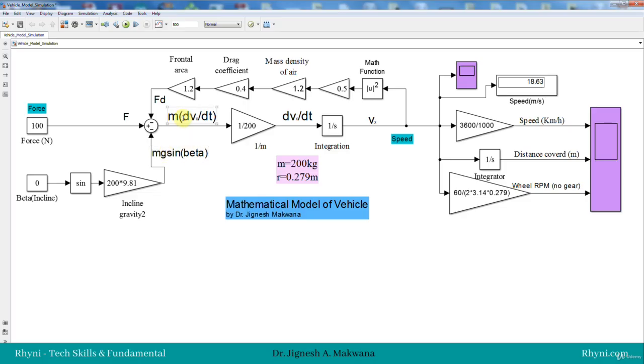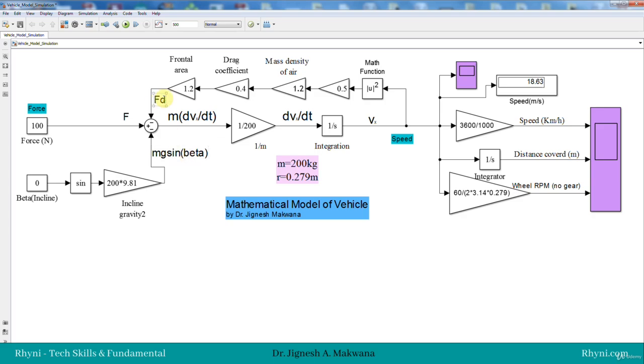So we have m dv by dt is equal to F minus Fd minus mg sin beta. We will see what Fd and mg sin beta are, but at this summing point, first we need to realize the equation that we discussed.